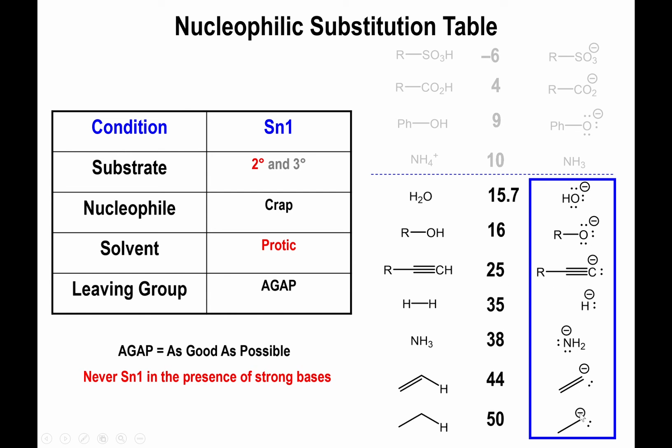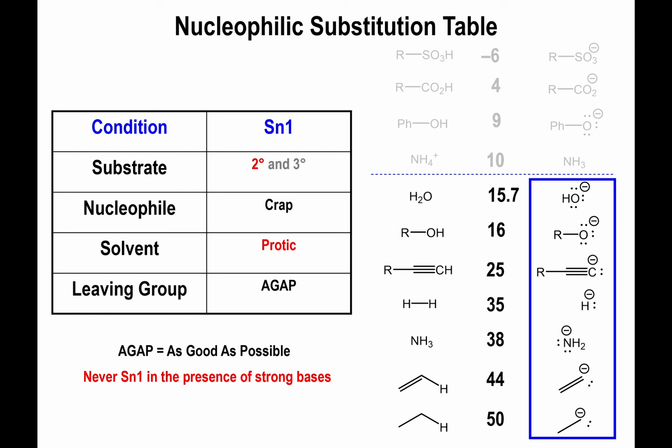None of these bases can ever be used in an Sn1 reaction. You just can't, because you have to form a carbocation, and a carbocation is actually a very strong acid. You cannot have both a strong acid and a strong base present in solution at the same time. You're basically hindering the reaction.